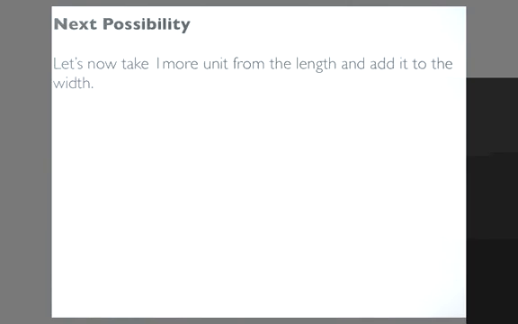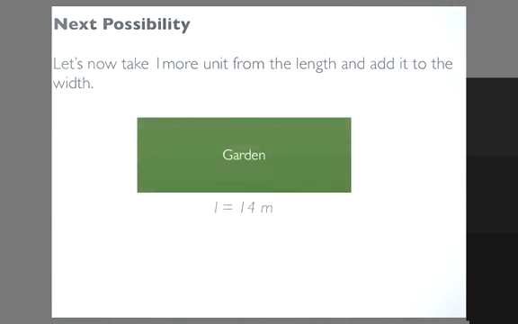Our next possibility. Again, we'll take one more unit away from the length and add it to the width. We do this to make sure that it still has the same perimeter of 36 meters, so that we're only moving a meter from the length to the width, as opposed to adding any distance to our perimeter. Our length is 14 meters, and here our width is 4 meters.